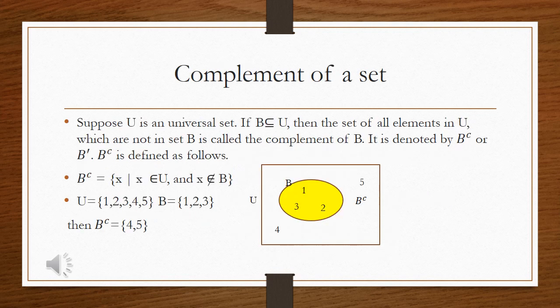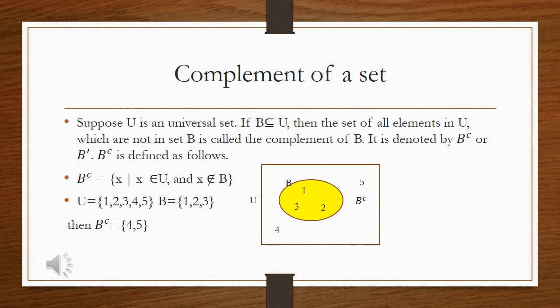Here we have to introduce a new concept, complement of a set. First let us observe the image. Here capital U, that means the universal set, is represented by a rectangle. Now what are the elements of the universal set?